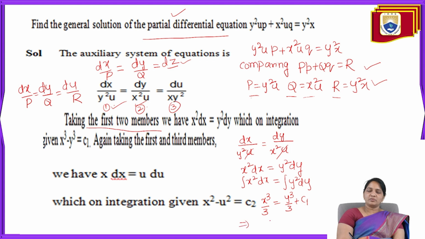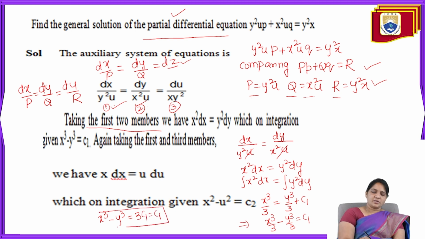So I am writing this as x cube by 3 minus y cube by 3 equal to c1. I can write this as x cube minus y cube equal to 3c1, which I can write as a constant. This is my first solution, that is u equal to x cube minus y cube equal to c1.